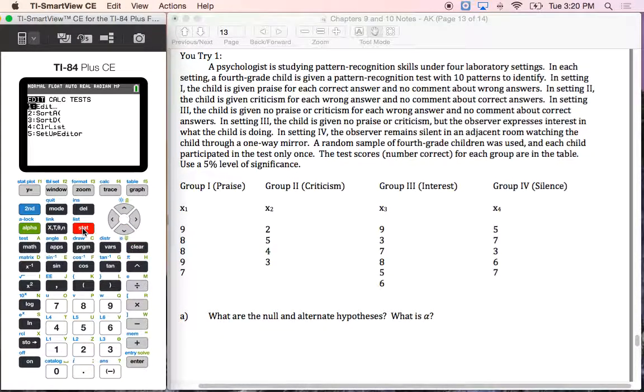Okay, so you should have first started editing and clearing everything out. And like I say, always double check your numbers.